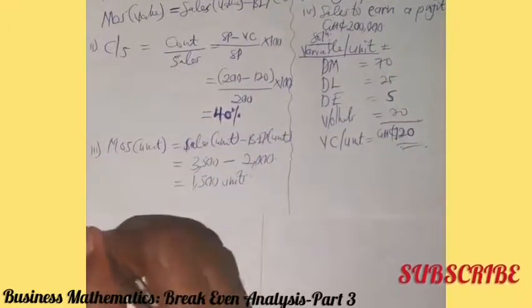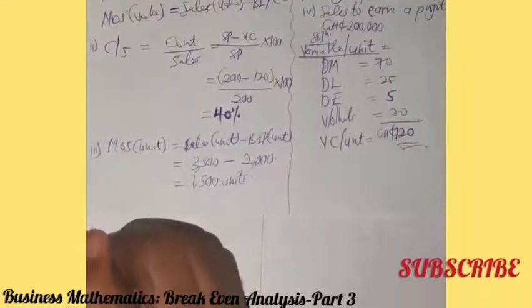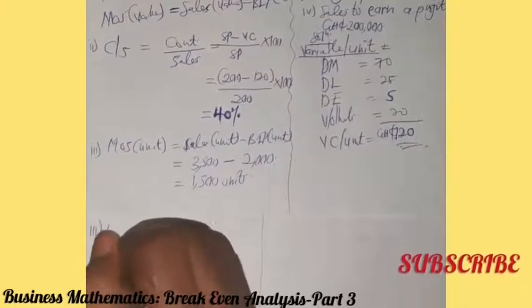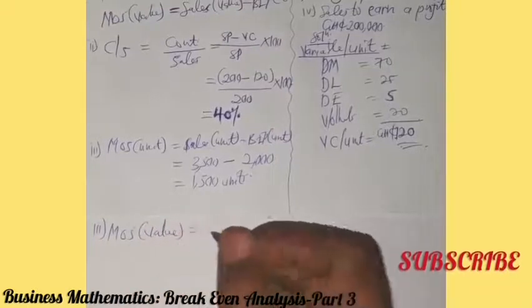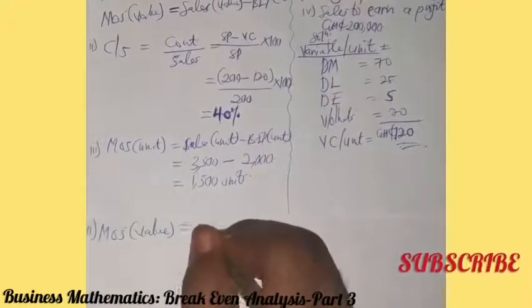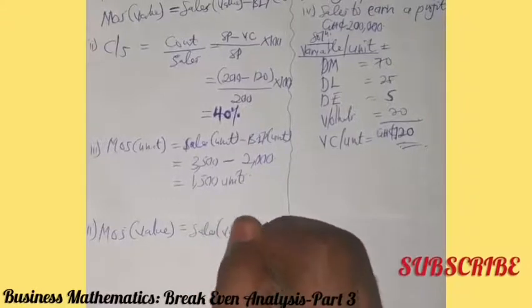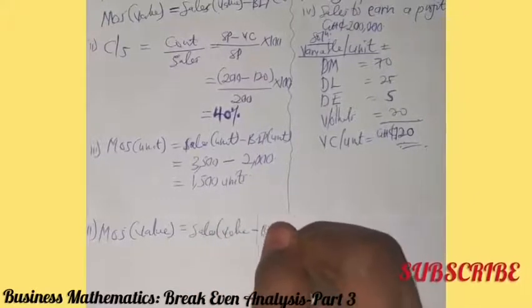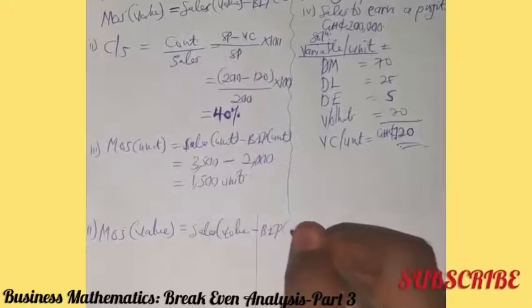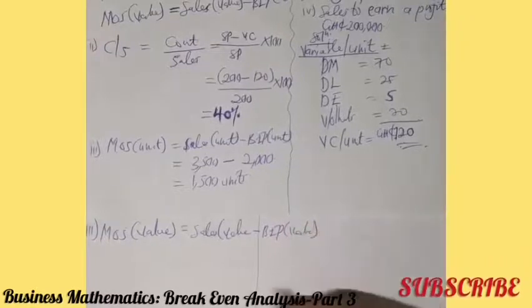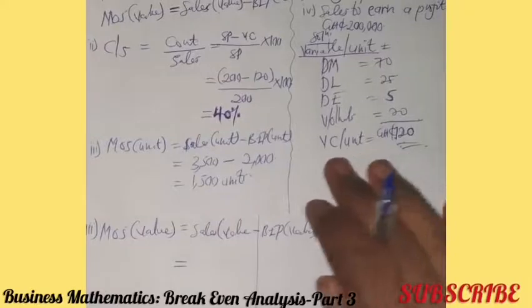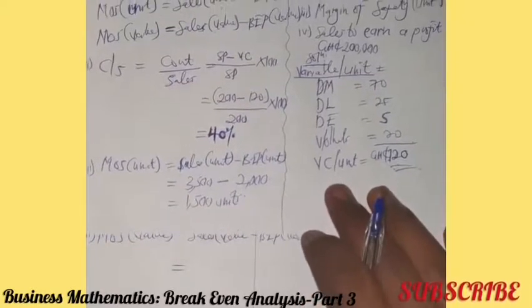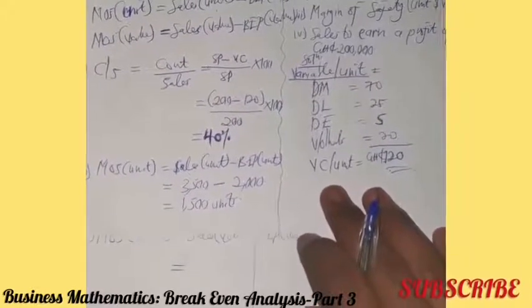So as I said earlier, in terms of value, the MOS in terms of value will also be equal to your sales in value minus your break-even point in value. We know how to get the break-even point in value. I know the sales in value will be my sales in unit multiplied by my selling price. That will be my sales in value.